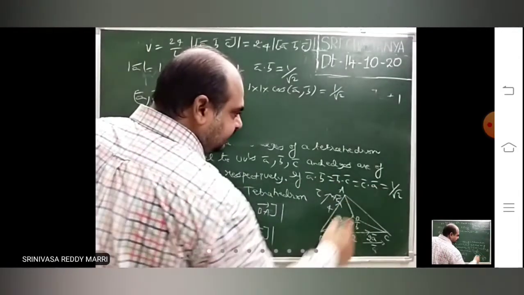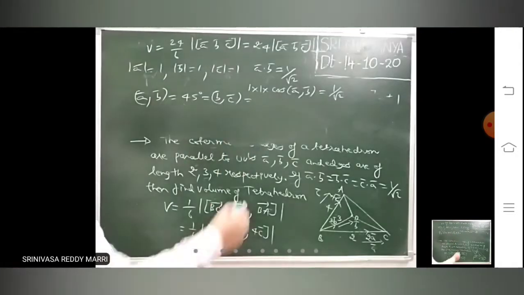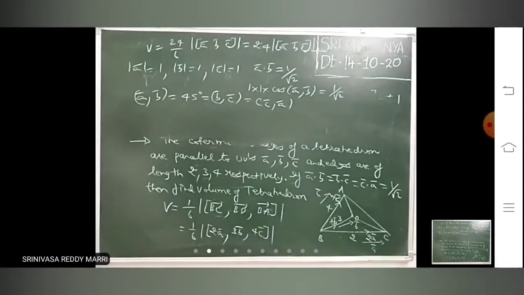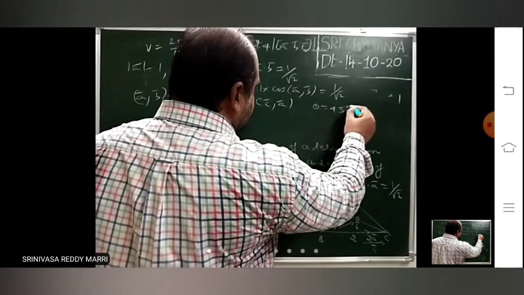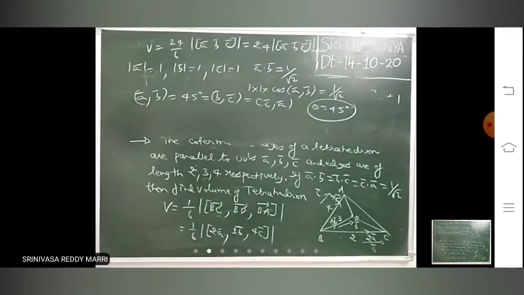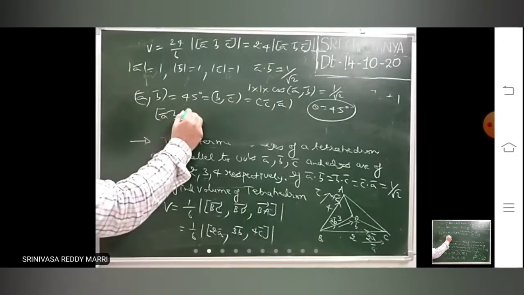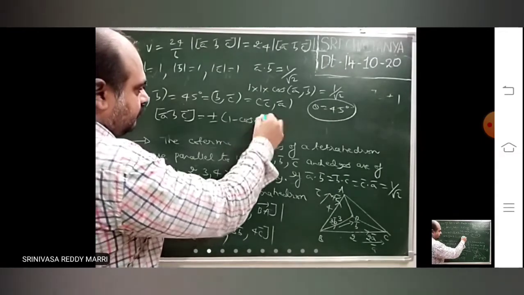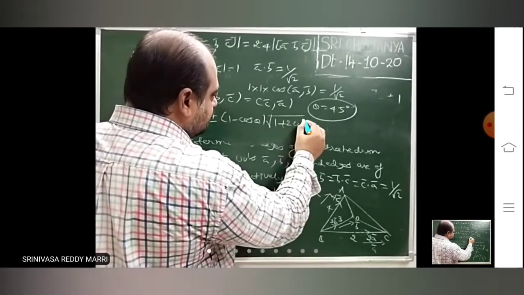Similarly, B dot C equals 1 by root 2, so the angle between B bar and C bar is also 45 degrees. Similarly for C bar and A bar. Now theta is 45 degrees in the box ABC formula, each pair inclined at angle theta to the other. So box ABC, I told the shortcut: 1 minus cos theta into root of 1 plus 2 cos theta.